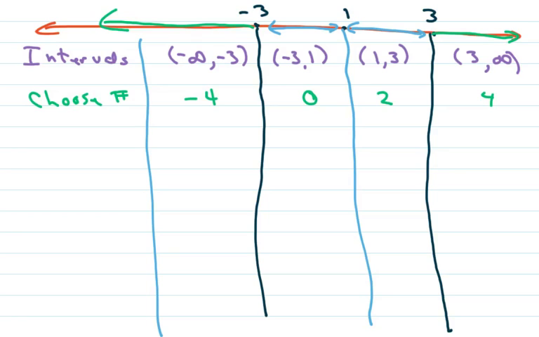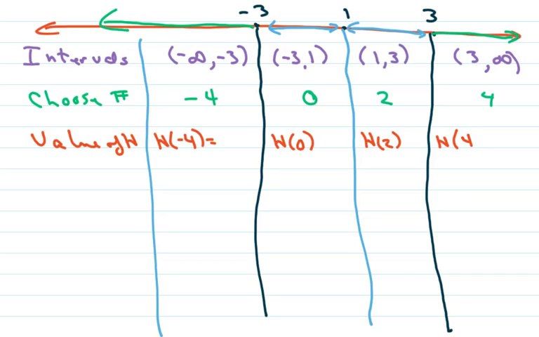Alright. Now, I'm going to evaluate these for the value of h. So we're going to do h of negative 4, h of 0, h of 2, and h of 4.